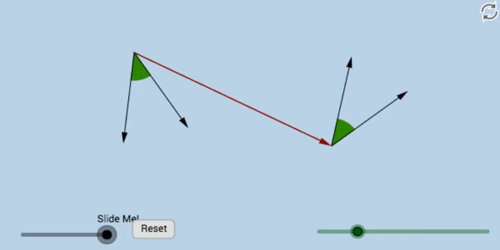Isometries are transformations in the plane that preserve distance, and in this case they preserve size. So technically here we had a translation by a vector and a rotation about a point.